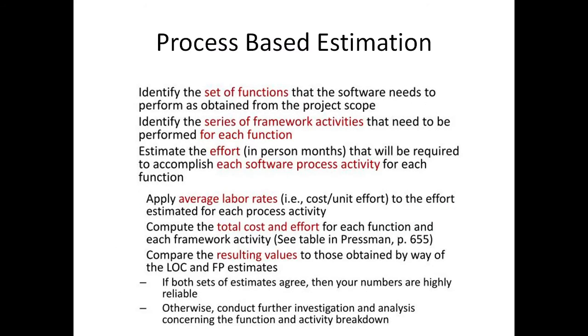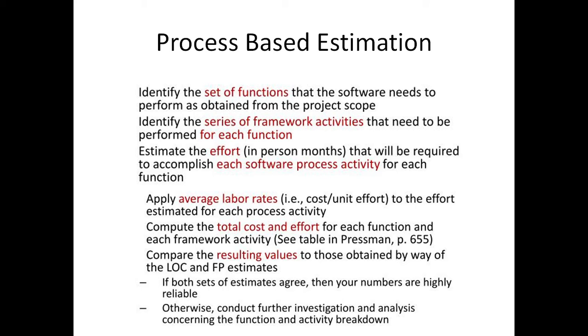Next is process-based estimation. Process-based estimation identifies the set of functions that the software needs to perform as obtained from the project scope, and also needs to identify the series of framework activities that need to be performed for each function. It also estimates the effort that will be required to accomplish each software process activity for each function.